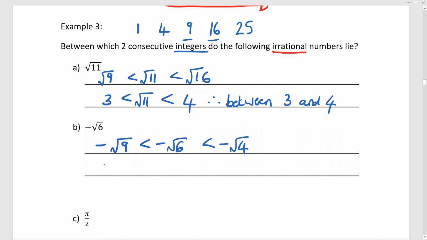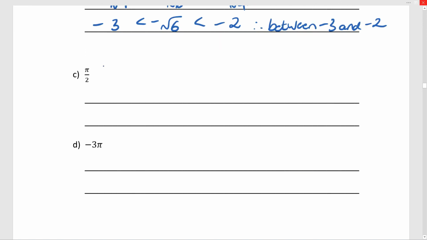Then I can get my answers here, which will be negative 3. This I don't have because it's irrational. And this one will be negative 2. So then my answer will be between negative 3 and negative 2.